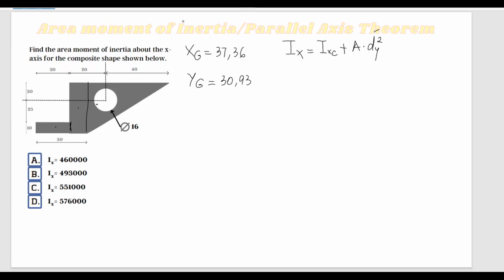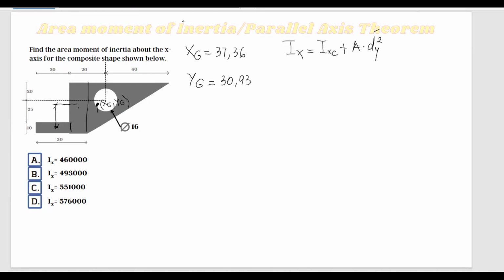And then we have found that the centroid of this composite shape was somewhere here. So this is xg, yg. So this d distance for shape number 1 is going to be the distance from its centroid to the centroid of the composite shape. I think we should get into actually calculating the area moment of inertia for this composite shape, and you are going to understand as we go.